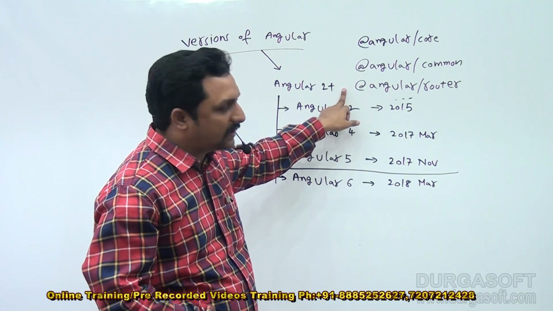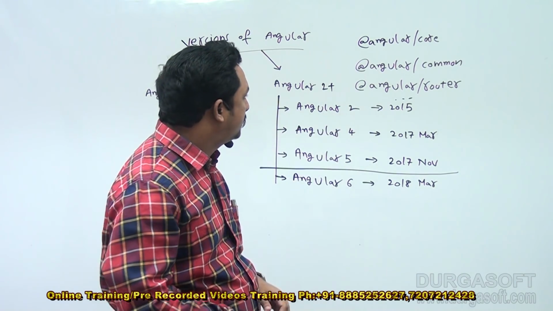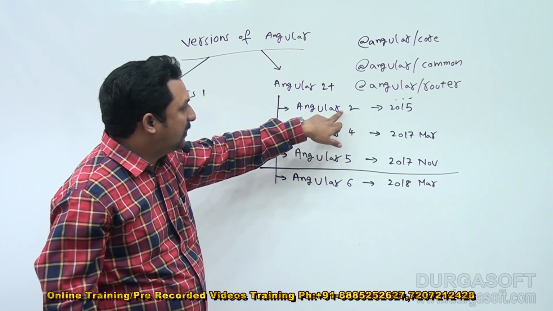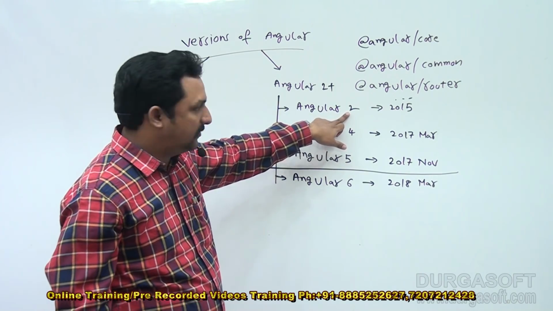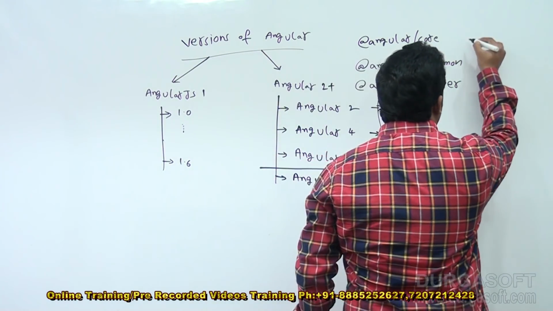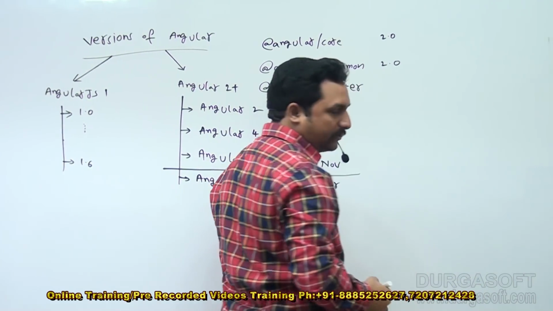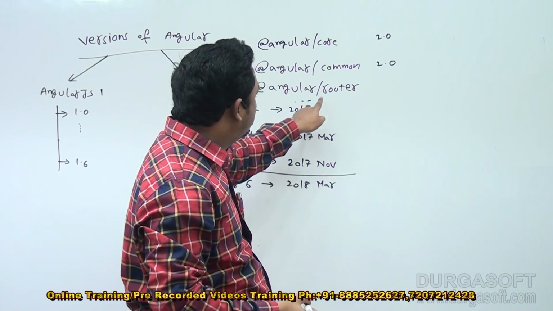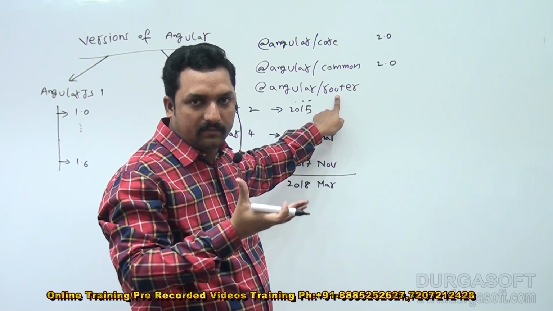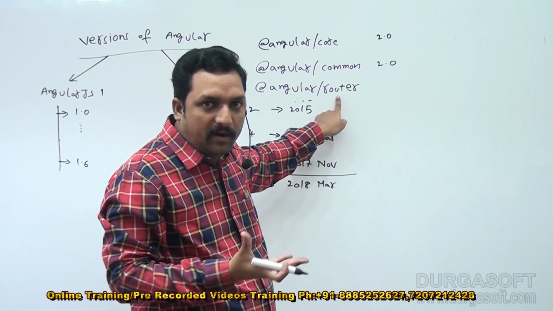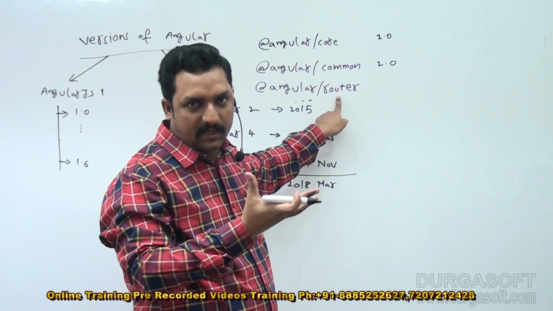So why have we discussed this particular point? While Angular 2 was available, Angular core was version 2.0 and Angular common was version 2.0, but the router evolved. The router package became advanced, with so many features integrated inside it.